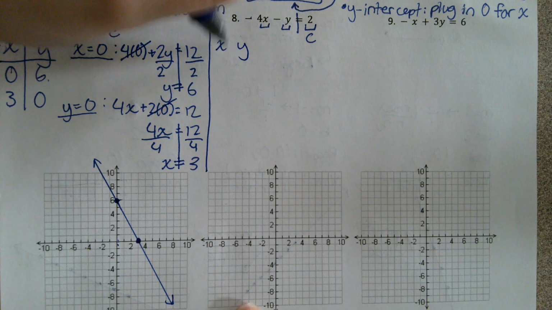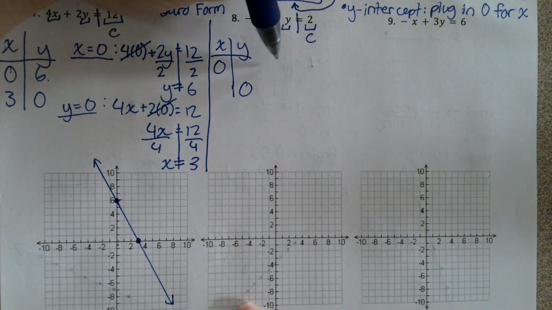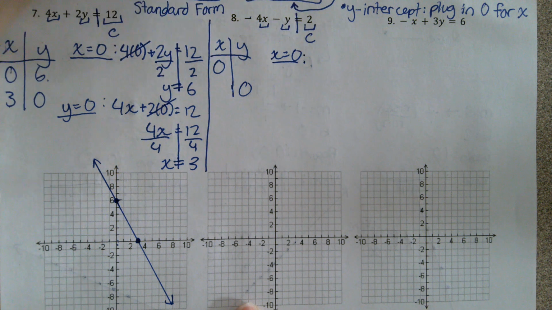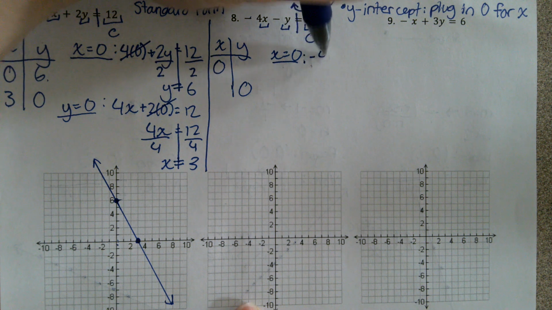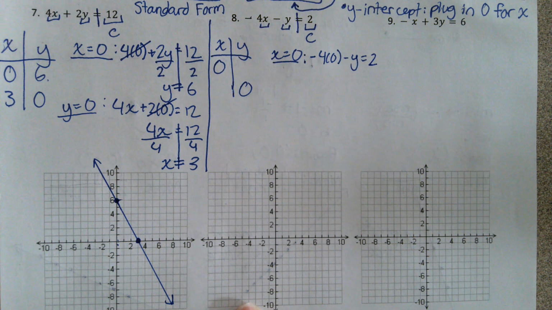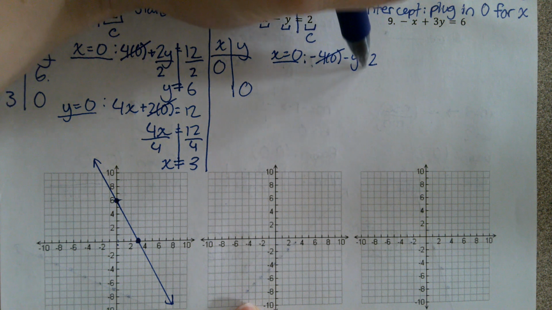So we have x and y. We'll plug in 0 for x and then 0 for y. So let's do x equals 0 first. Here we have negative 4 times 0 minus y equals 2. Negative 4 times 0 is just 0, so again this is gone.